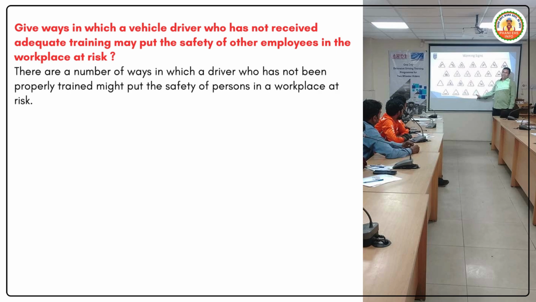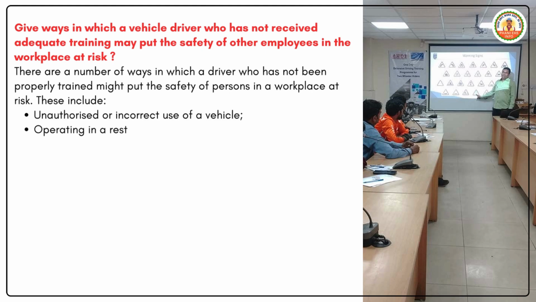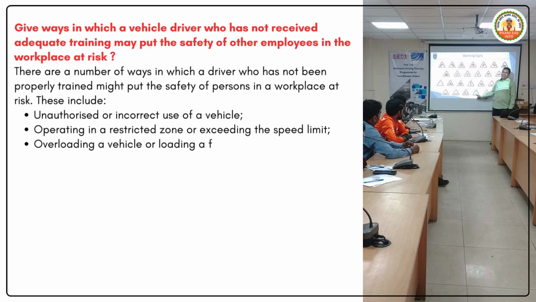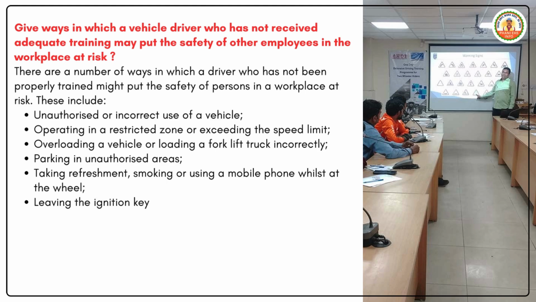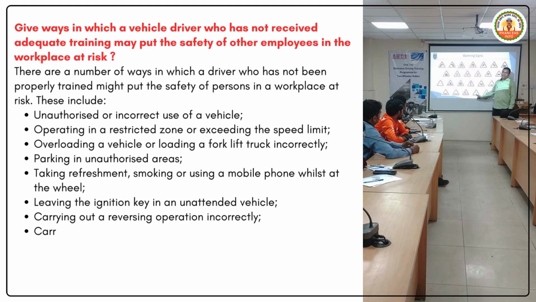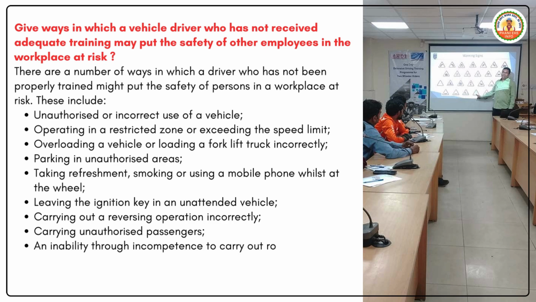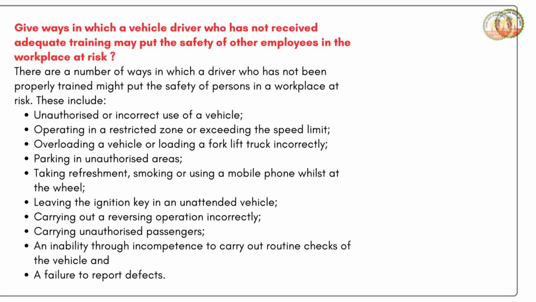These include unauthorized or incorrect use of a vehicle, operating in a restricted zone or exceeding the speed limit, overloading a vehicle or loading a forklift truck incorrectly, parking in unauthorized areas, taking refreshment, smoking or using a mobile phone whilst at the wheel, leaving the ignition key in an unattended vehicle, carrying out a reversing operation incorrectly, carrying unauthorized passengers, an inability through incompetence to carry out routine checks of the vehicle and a failure to report defects.